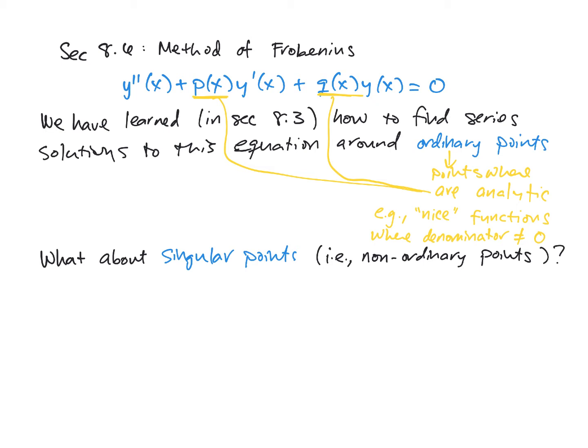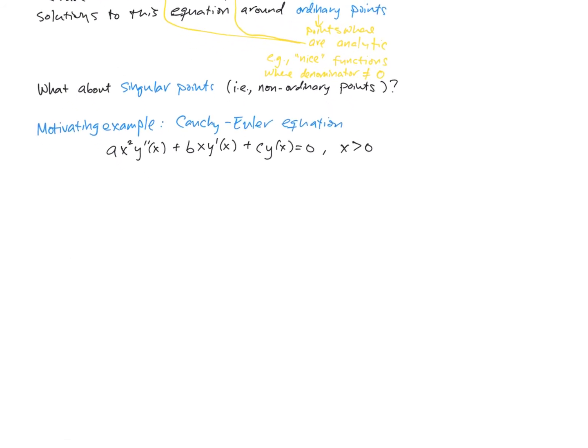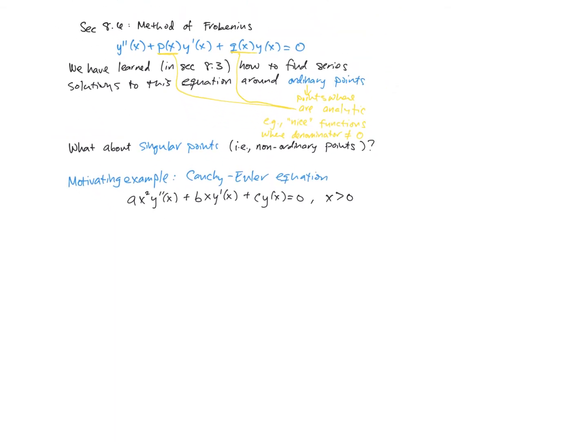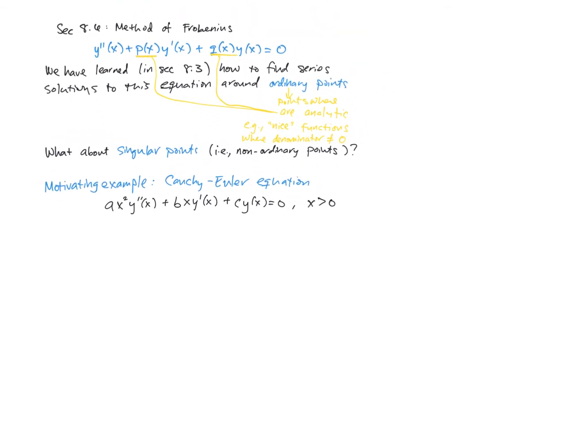So what motivated this theory is the Cauchy-Euler equation, which we've seen before. And this is what this looks like. And actually, this is defined for x greater than 0. So remember the theory that we had for this, or let's think about what this looks like if we put it in a standard form, right? Because the standard form we had up there, there's nothing up in front of the y double prime.